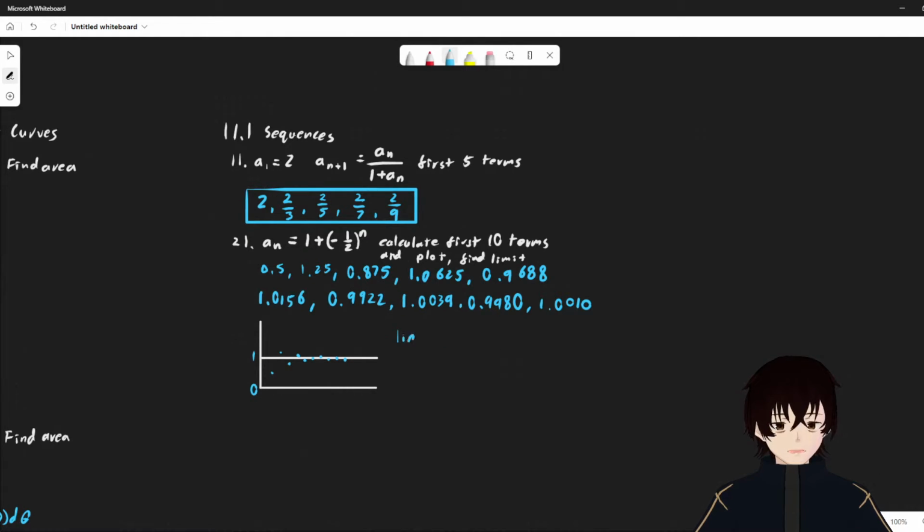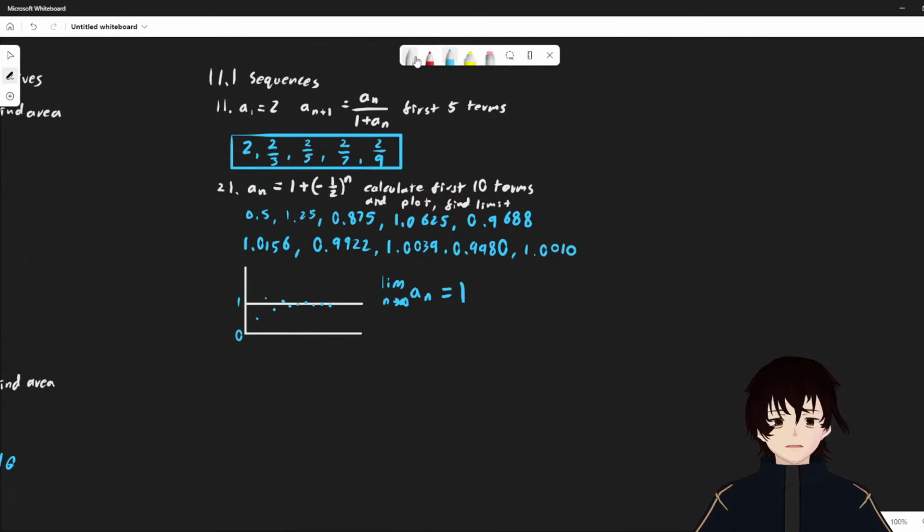And the limit as n approaches infinity of our sequence is equal to 1. That entire thing should have been the answer.